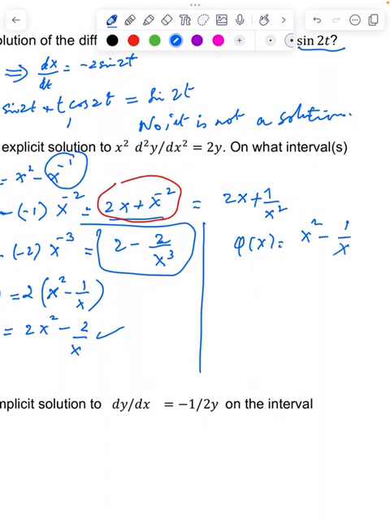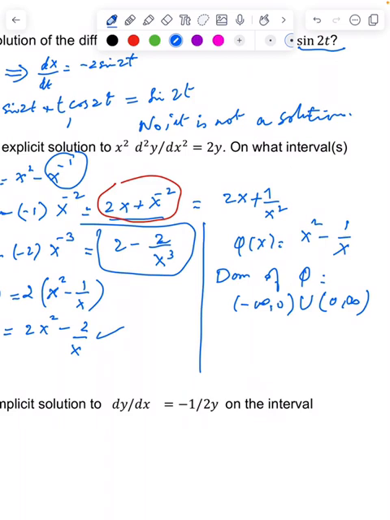So you see, this second term says that we cannot have a 0. So the domain of phi is minus infinity to 0, union 0 to infinity. So basically our solution is on both these intervals.